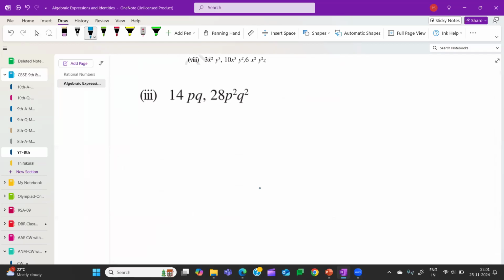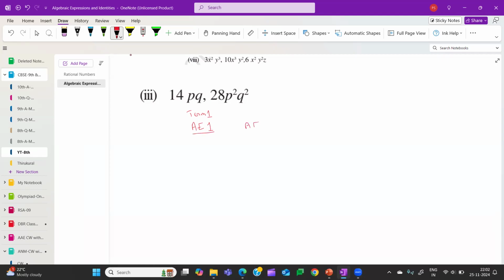So I'm writing here AE1, or algebraic expression 1. You can call it term 1 also. Instead of term 1, I'm marking it as algebraic expression 1 because we learned in a previous chapter about algebraic expressions and identities.